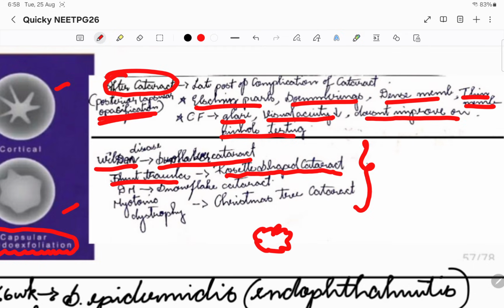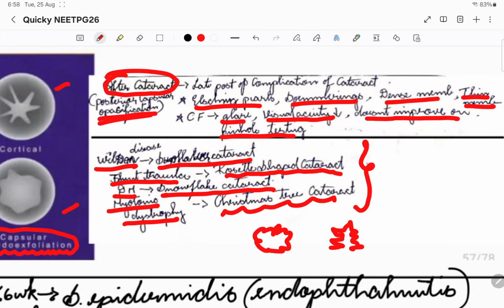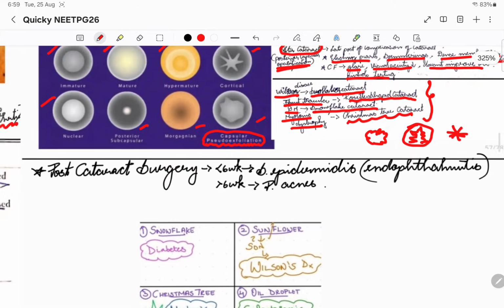Then coming to diabetes mellitus, please note these down. Then myotonic dystrophy will be Christmas tree pattern, meaning the cataract in the pupil will look something like this, whereas snowflake cataract will be in diabetes mellitus. That's it.